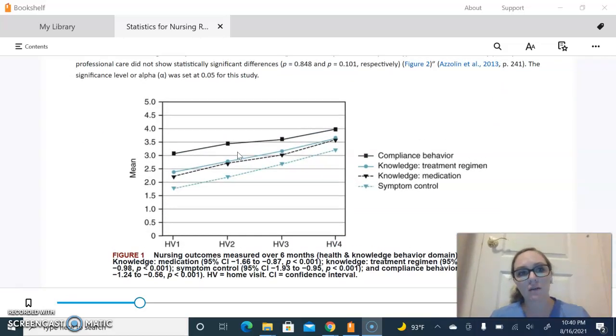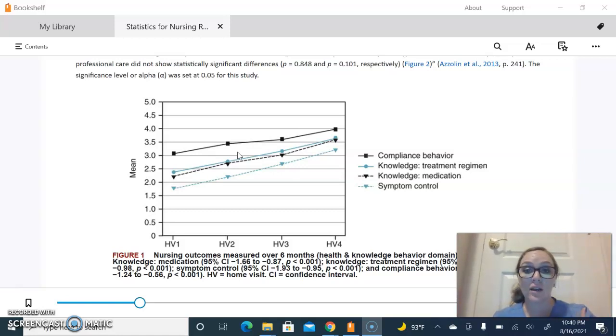So this is a graph made with data from a study about home healthcare visits and patients diagnosed with heart failure.